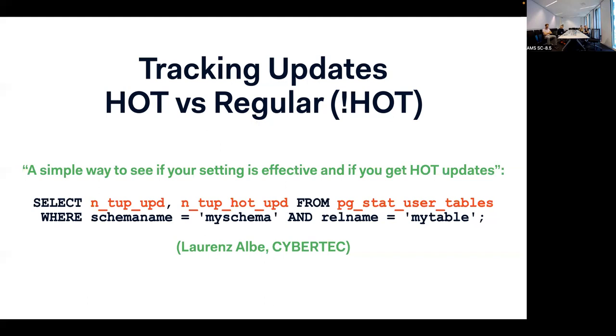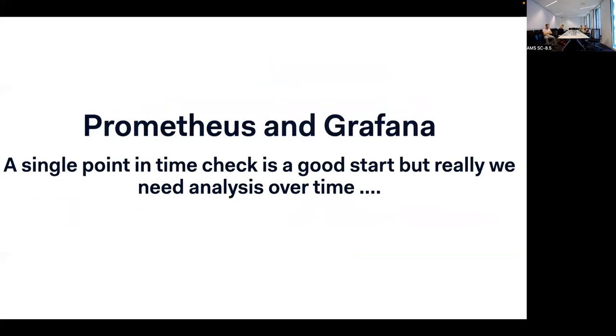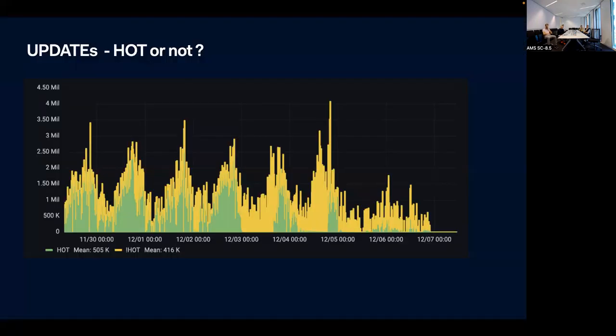We've started using Prometheus and Grafana. A single point in time check is a good start, but we really need analysis over time. So this shows an incident we had a while back, and you can see that on November 30th, December 1st, December 2nd, December 3rd, it's lots and lots of green.